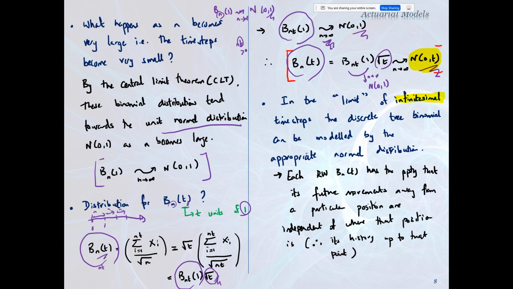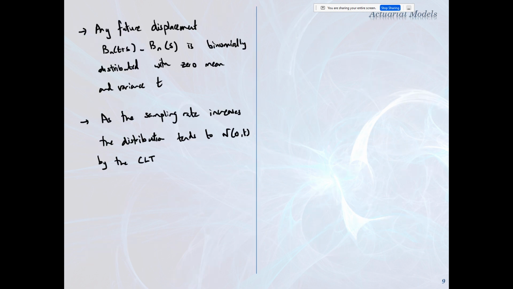Each random variable Bnt has the property that its future movements away from a particular position are independent of where that position is, and of its history up to that point. So any future displacement Bnt plus s minus Bns is normally distributed with zero mean and variance t.